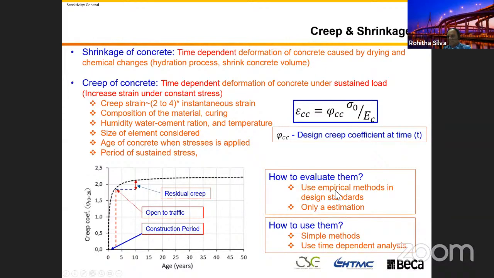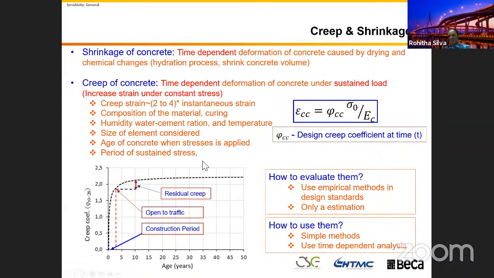In bridge design, we can convert the creep strain to a temperature and apply it, or else if you use modern software, for example Midas, it's built into the program. You can use a time dependent analysis. You just need to specify the required parameters and application of loading, etc.